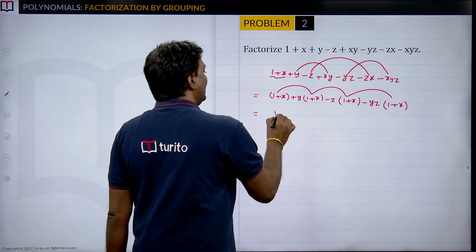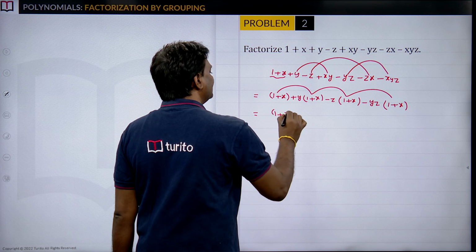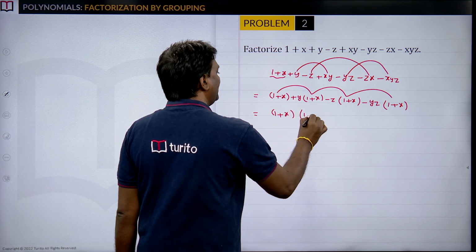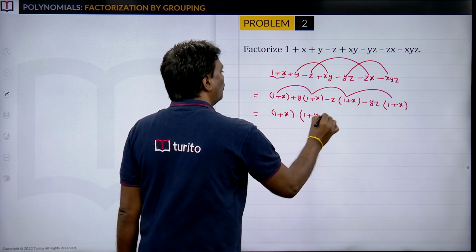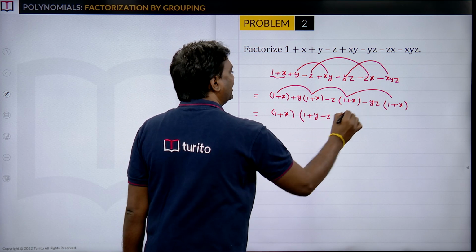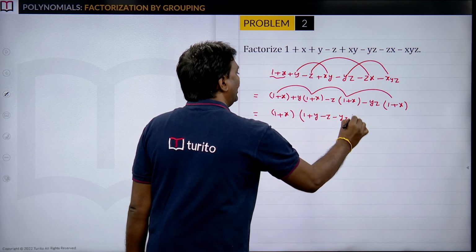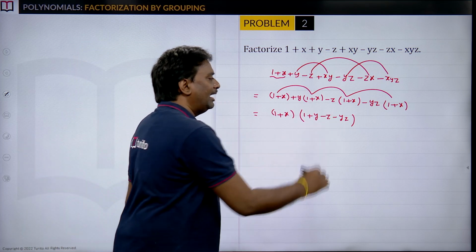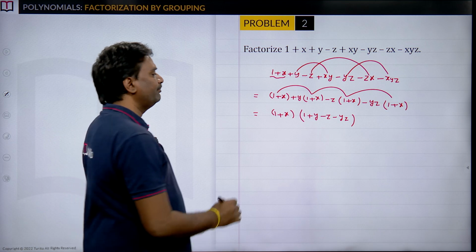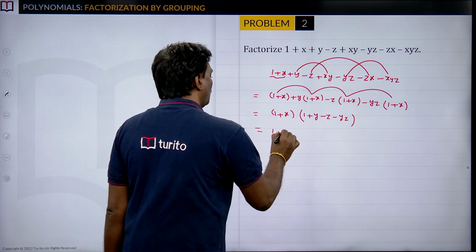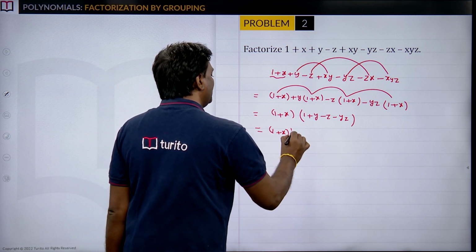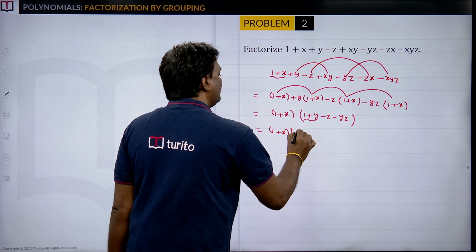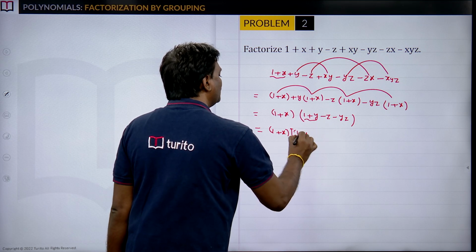So, by taking 1 plus x as common, here we have 1, here we have y, here we have minus z, here we have minus yz. Again in the bracket we have 1 plus y minus z minus yz. So, 1 plus x into, you can keep as it is, you can take 1 plus y as one group.